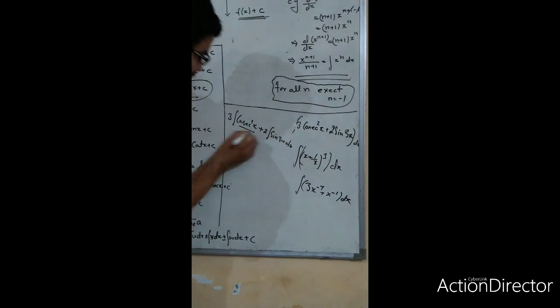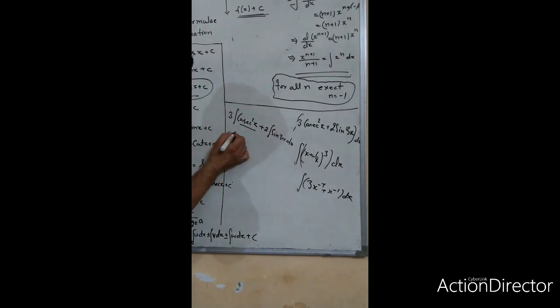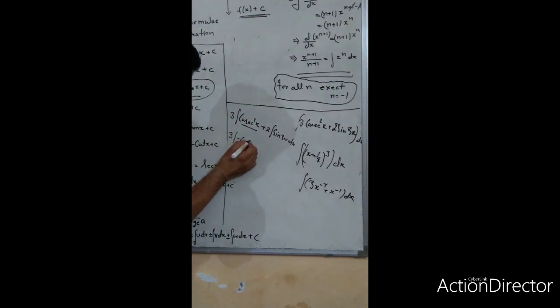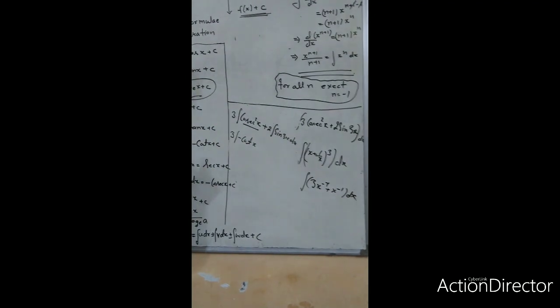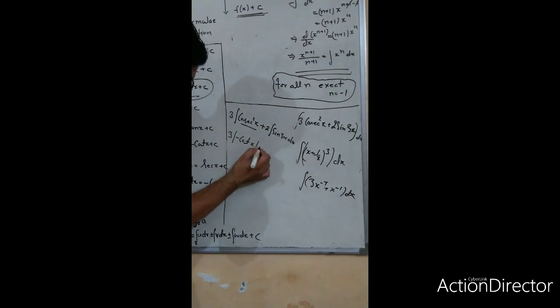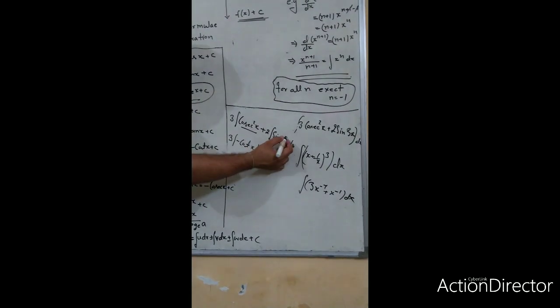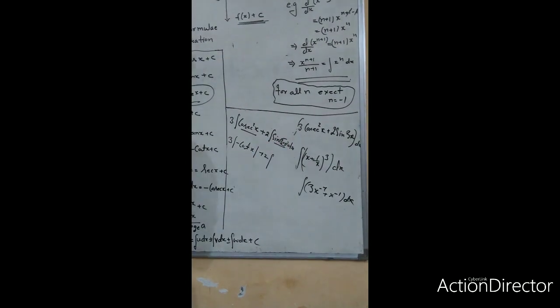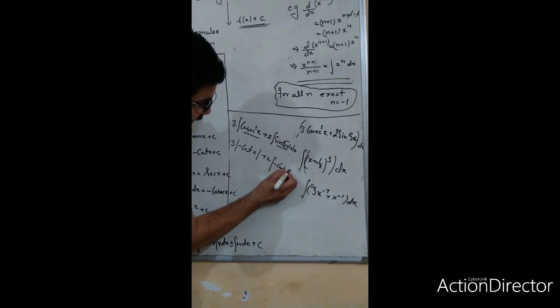Now check. Cosecant square x has a formula, that is minus cot x, so that is 3 into minus cot x, plus 2 as it is. Sin, the angle is 3x, so sin 3x integrates to minus cos, the angle as it is.